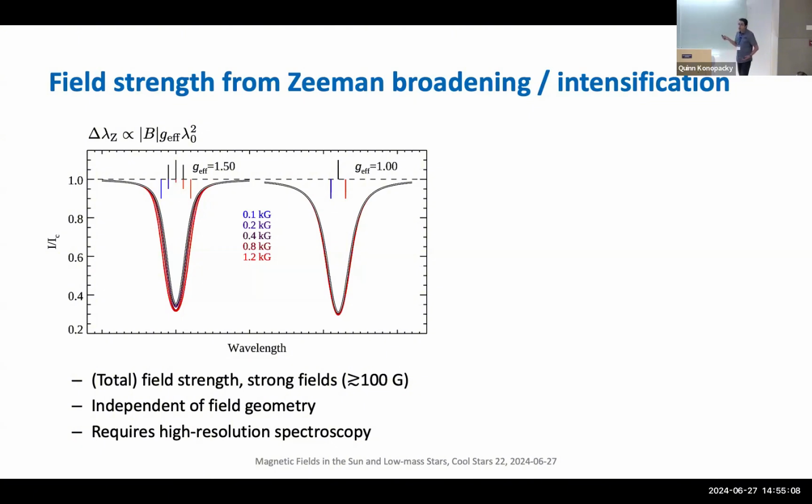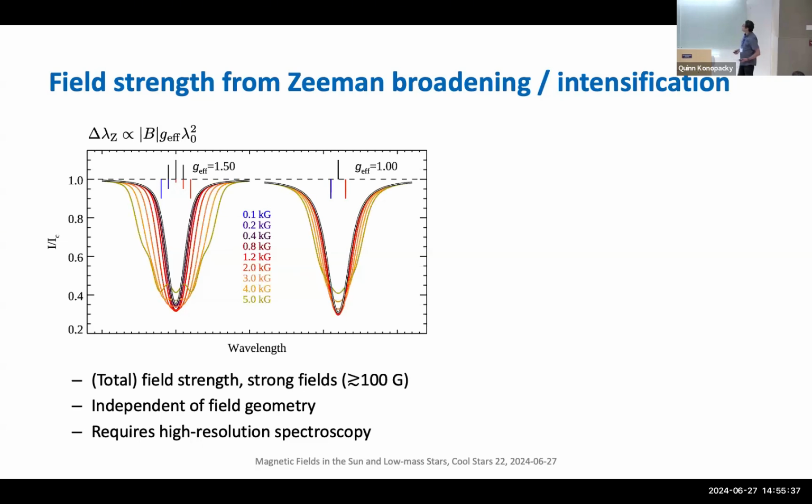It requires normal high-resolution spectroscopy, which is an advantage because we have lots and lots of observations suitable for this type of measurement. It gives no information about magnetic field geometry, which is a curse and a blessing because we can also say it is independent of magnetic field geometry. So it provides an unbiased field strength estimate independently of how complex the magnetic field on the stellar surface is.